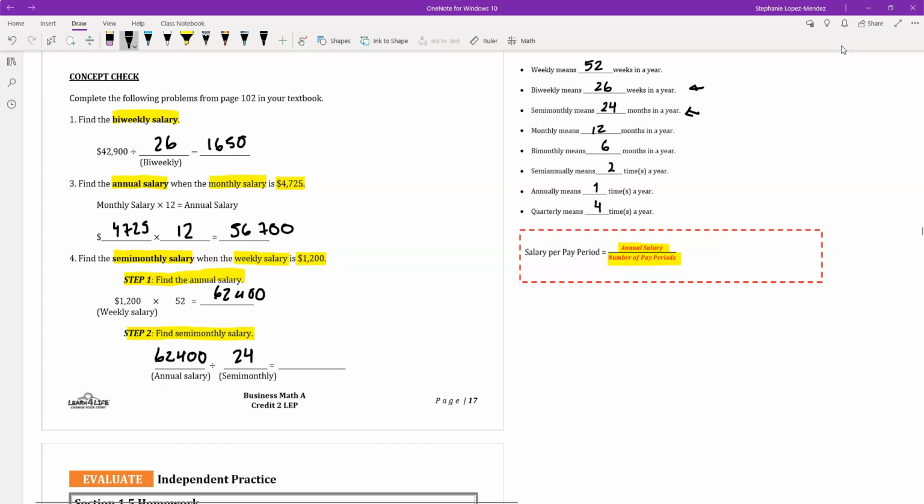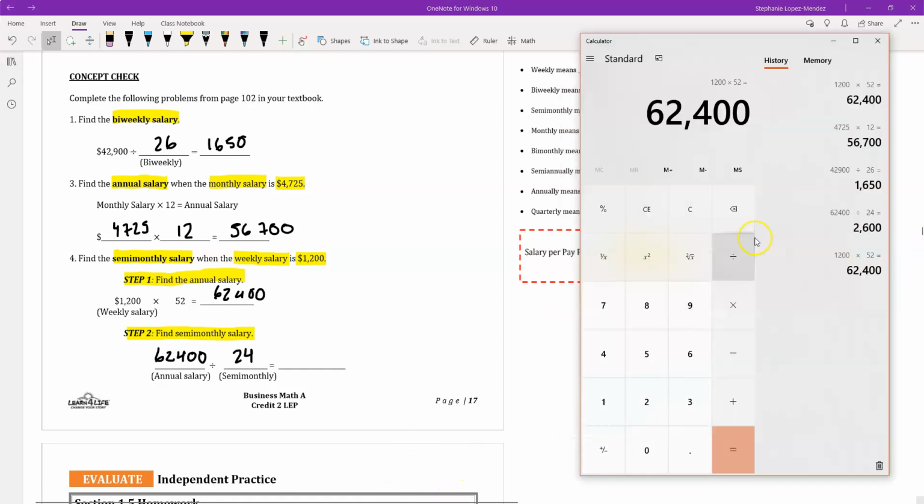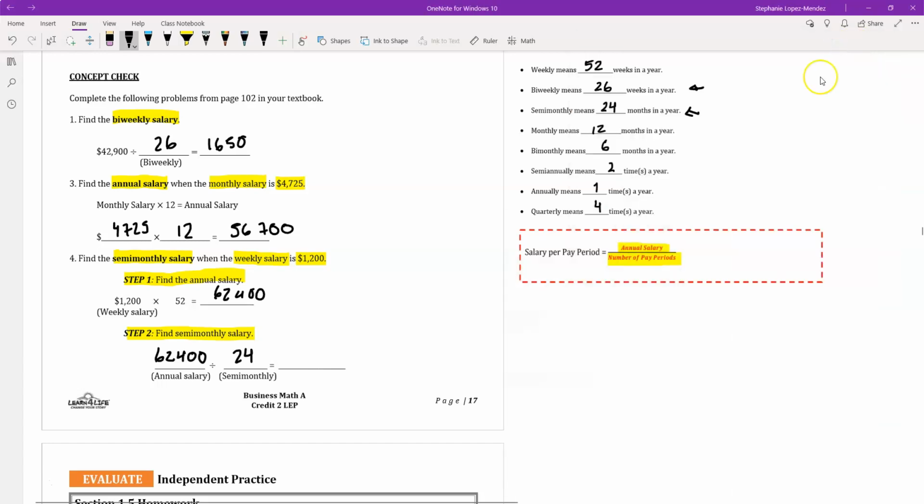So I'm going to divide it by 24. I go to my calculator and I divide that amount by 24. That is 2,600. And that is my result.